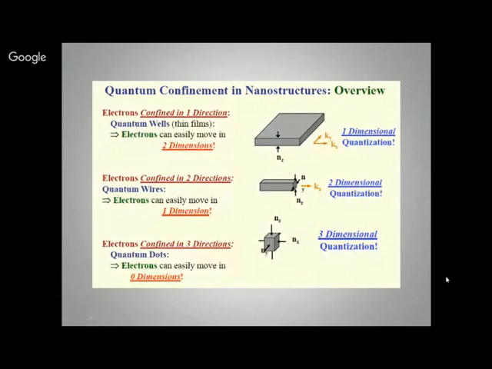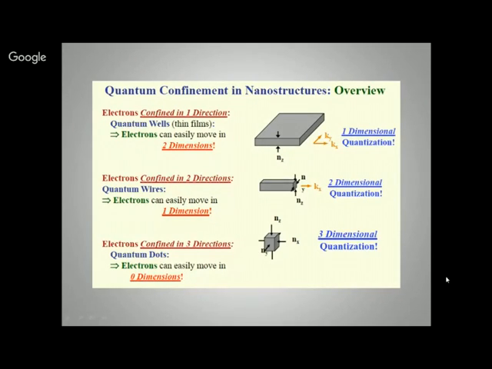If I remove one more dimension from the thin film, I have a sort of wire, and in the wire your electron can move only along one direction. Suppose the wire is along the x-axis, then the electrons can move only along the x-axis, either forward or backward.